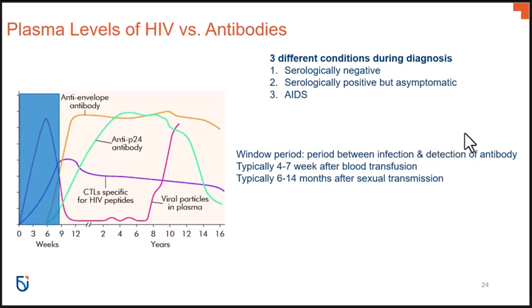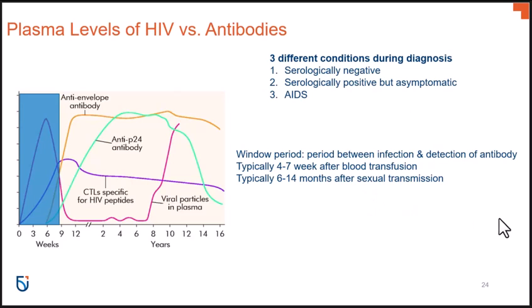When somebody would show positive varies depending on how they contracted the virus. Typically that window is going to be upwards of 7 weeks if it's contracted through a blood transfusion, which doesn't happen as often anymore, and anywhere from 6 to 14 months after sexual transmission.